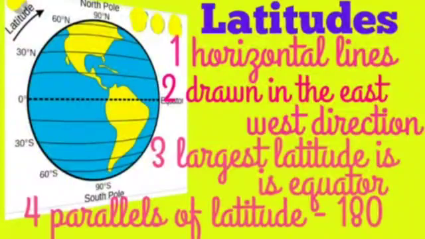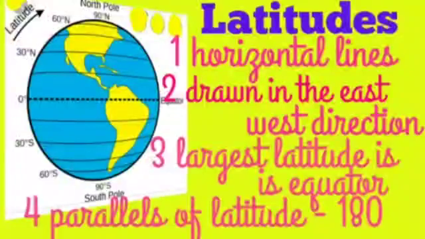Now, if we define the latitude, the answer is the angular distance north or south of the equator. That is the latitude. Or you can say, the angular distance of a place north or south of the equator. That is latitude.